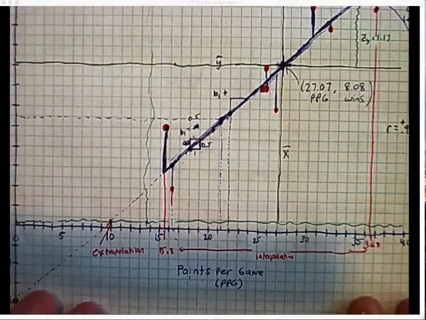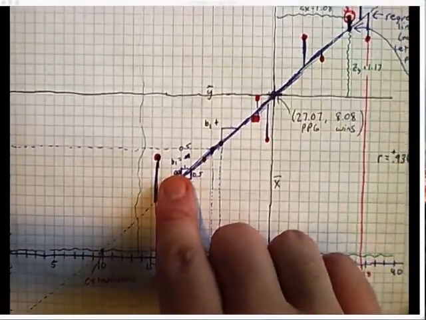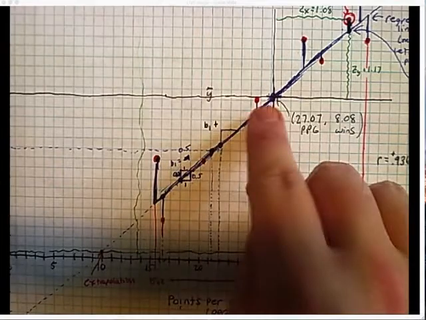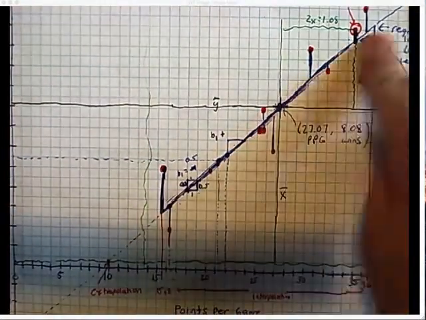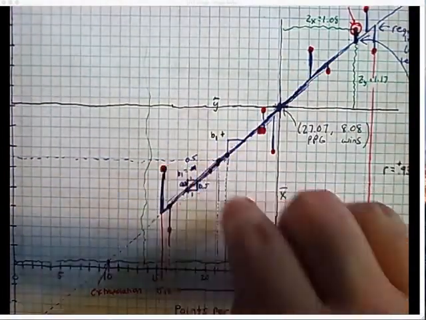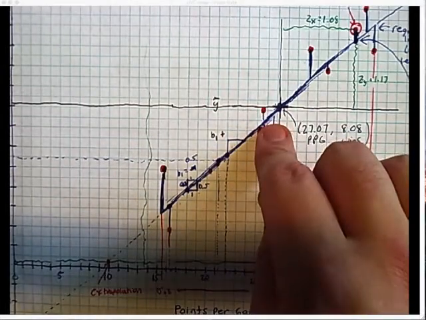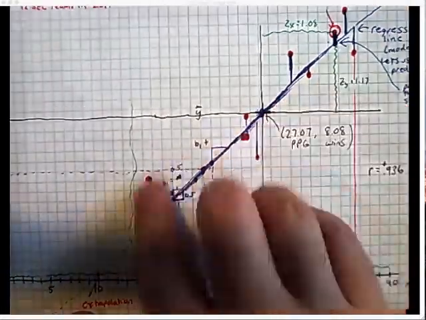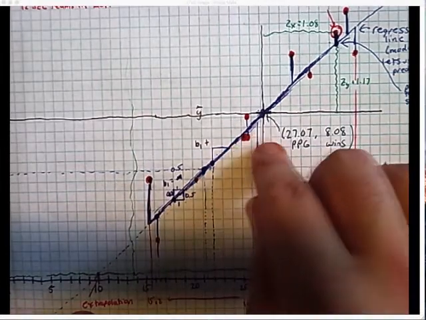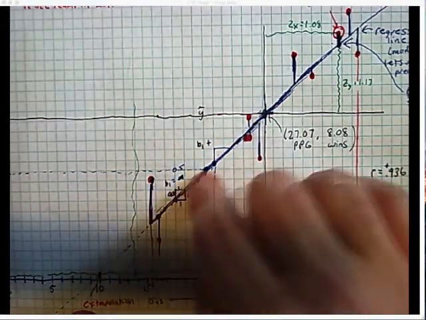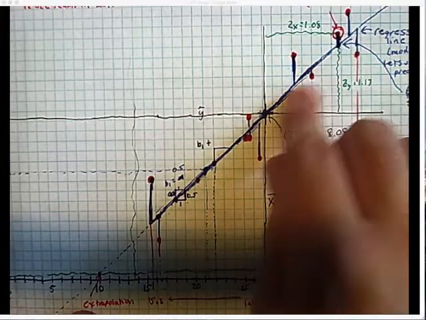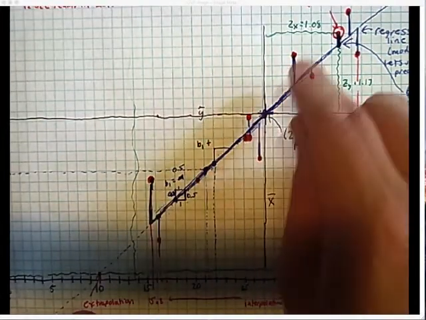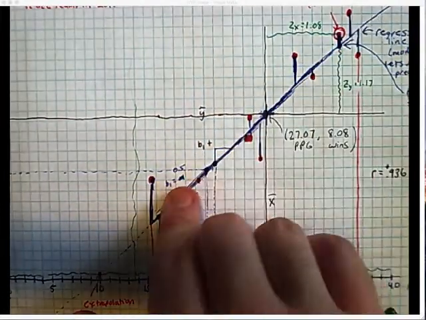So what does that really mean though? The natural spread that we get when we do this regression line, these points are not directly on the line. If it was a perfect relationship, all of these 12 red dots would be on the blue line.